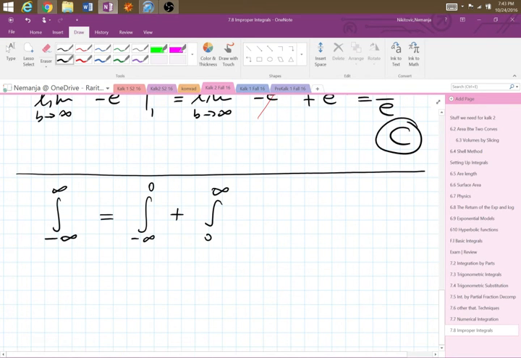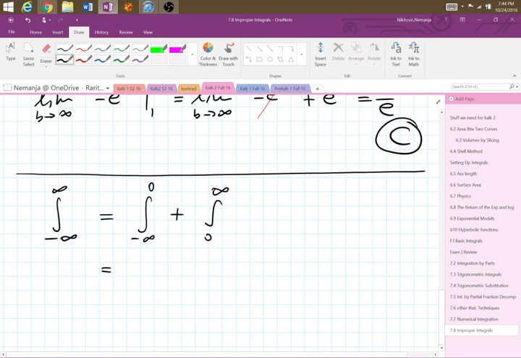You will have negative infinity to 0 plus 0 to infinity, because you can't put two limits for the same integral. You can only put one in front.